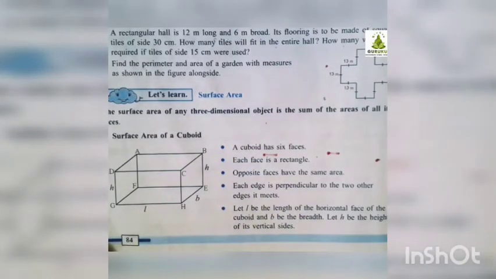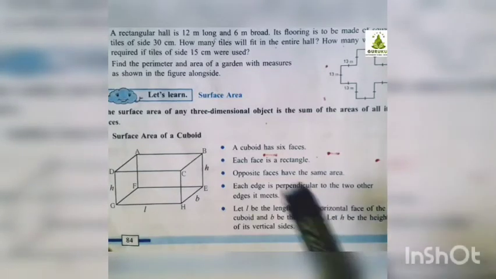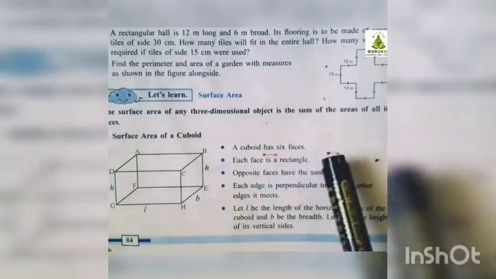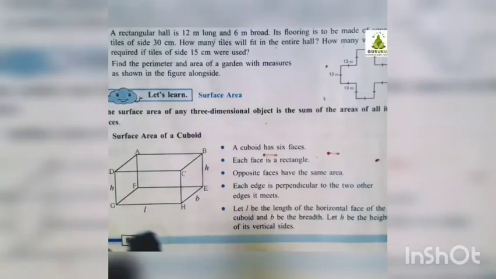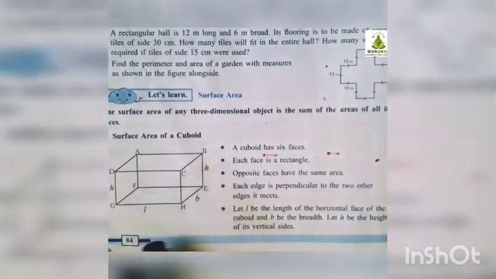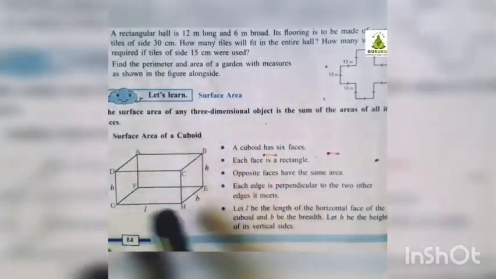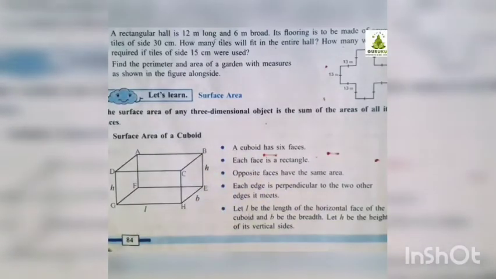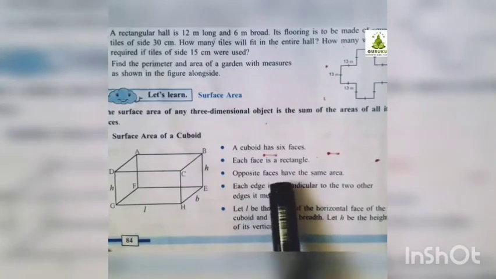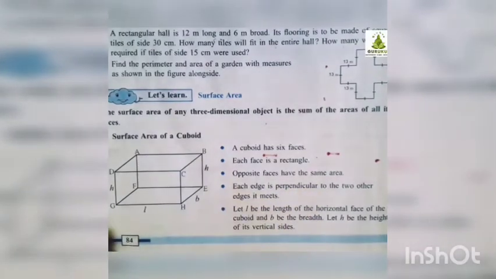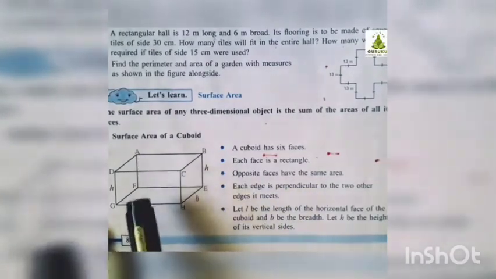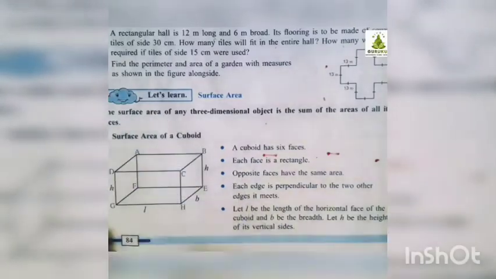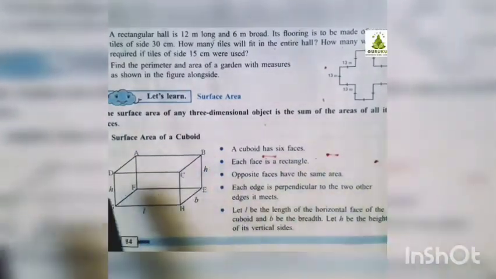Now, what are the properties of a cuboid? A cuboid has 6 faces, that is, 4 sideways surfaces, 1, 2, 3, 4, and the opposite faces, 1 and 2.